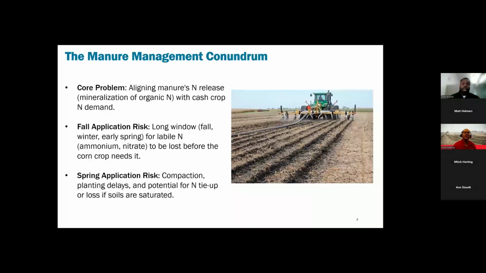If a farmer decides to use a spring application for manure, they may need to deal with compaction of the soil. It may delay the planting of the corn, and the nitrogen might also get tied up in the soil before it's released to the corn for production. So these are balancing acts farmers deal with on a daily basis, although most farmers tend to rely on the fall application, which gives them enough time, and they are not cranked up during their spring application.